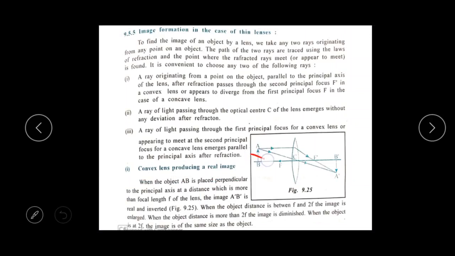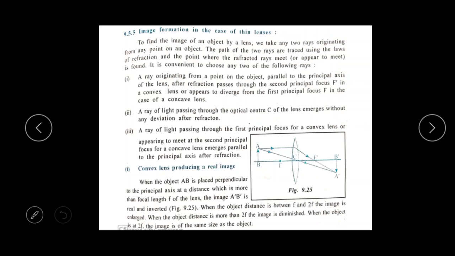If the ray passes through the first principal focus, then after refraction it is parallel to the principal axis. So this is another ray, and like this the image is formed.